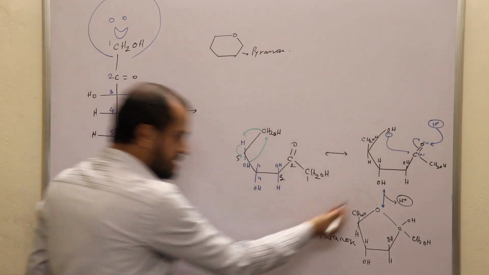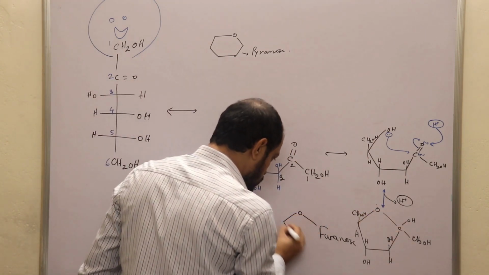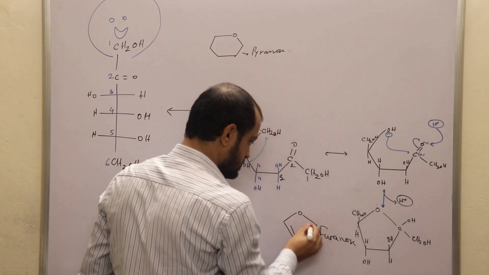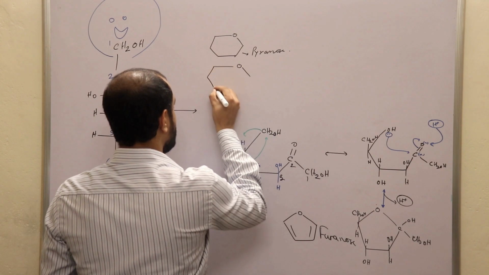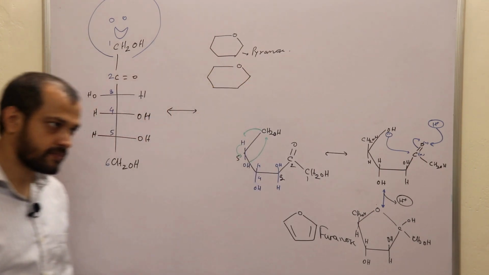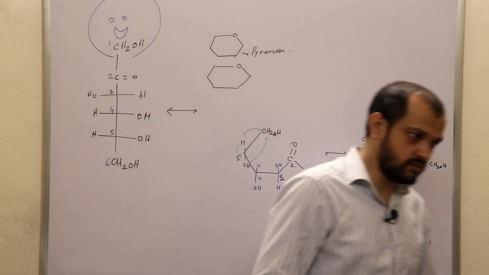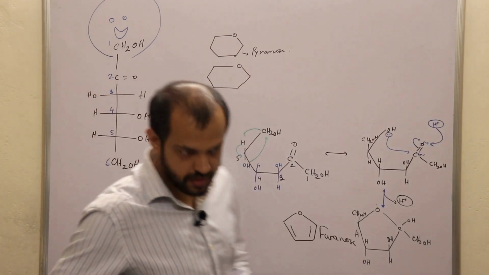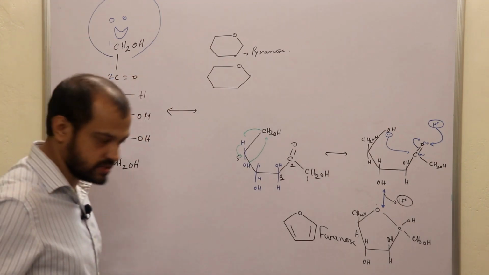Because these structures resemble a molecule known as furan, which looks like this, and a molecule known as pyran, which looks like this. Now we will talk about anomers.